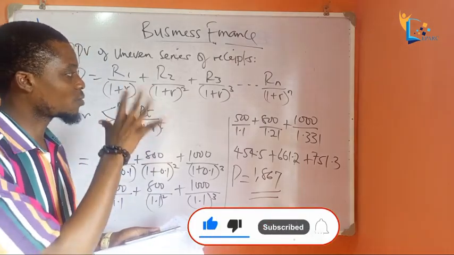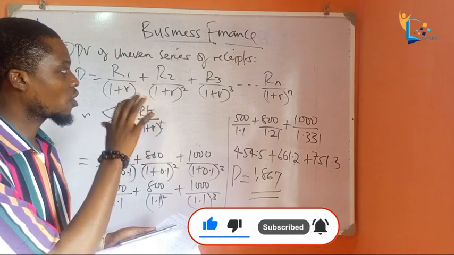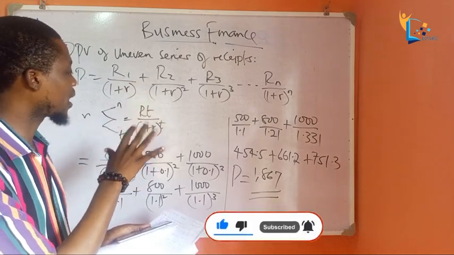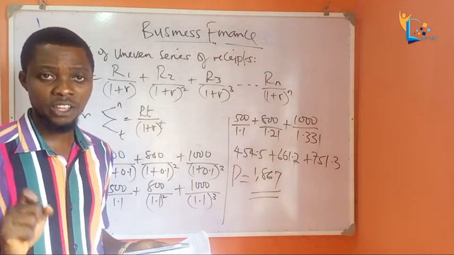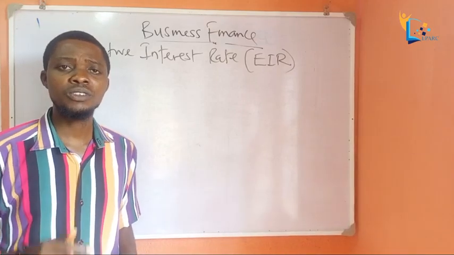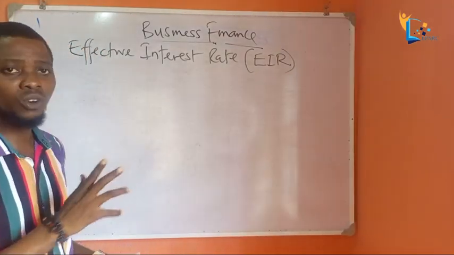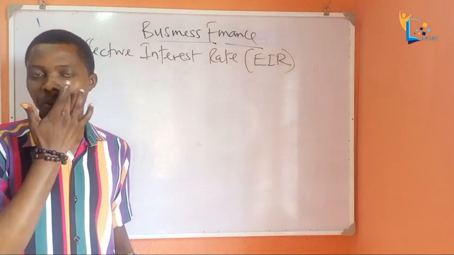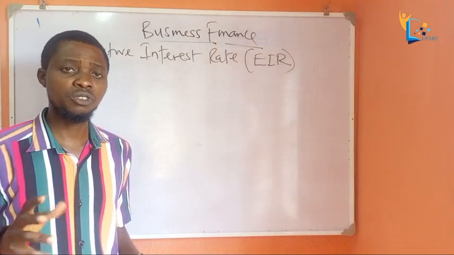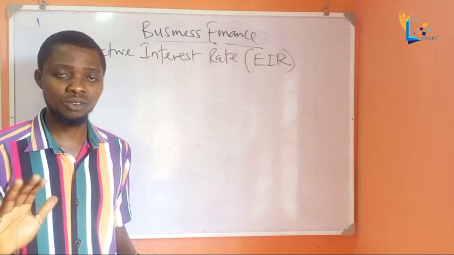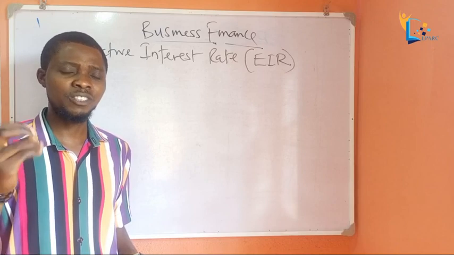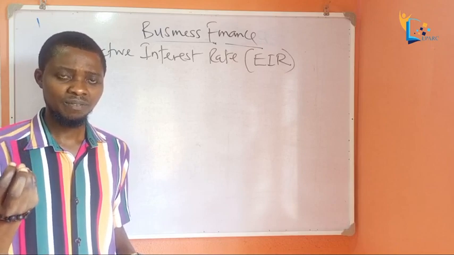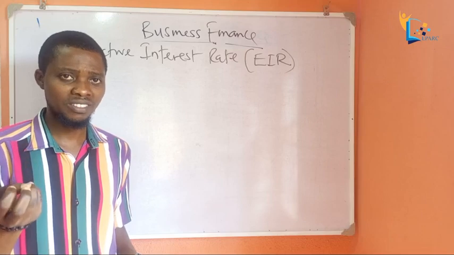So we have solved some typical examples on this. Now we are going to look at effective interest rate. For those of you who take loans from banks and other firms, you have a specific interest rate to pay as interest.